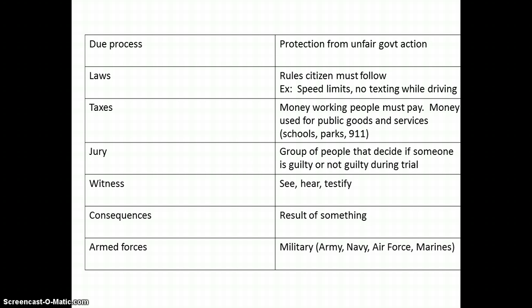A witness is when you see or hear something and you testify. Consequences. Consequences are a result of something. Okay? If I commit a crime, I am definitely going to face consequences. Armed forces. Armed forces, that's your military, our military: Army, Navy, Air Force, and Marines.